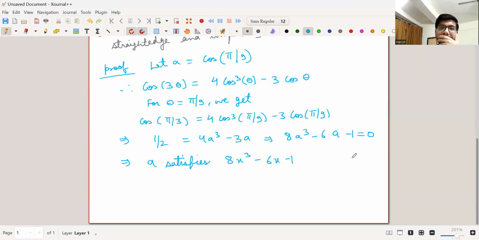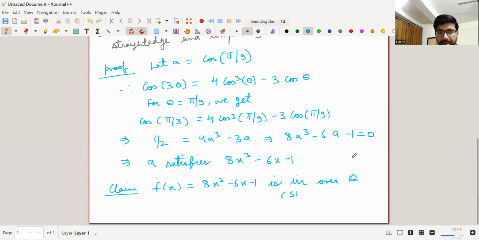Now, in the lecture notes, it is being shown that this polynomial 8x cube minus 6x minus 1 is irreducible over Q, right?